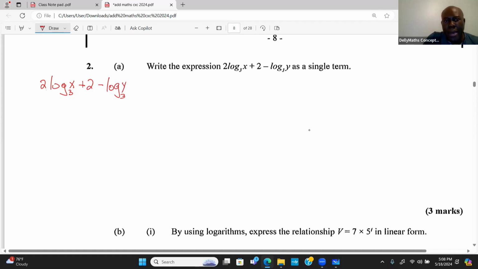Now, we could start off by representing this part. There is an idea that says if you have n log x, in whatever base, it's going to equal log in that same base of x raised to the n. So this is going to be log base 3 of x squared.